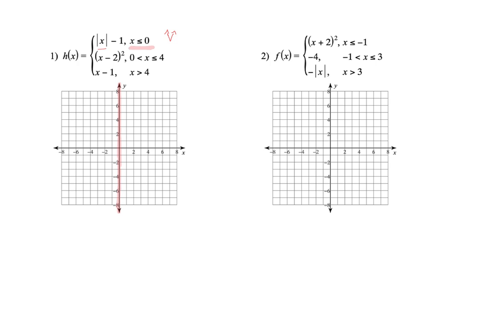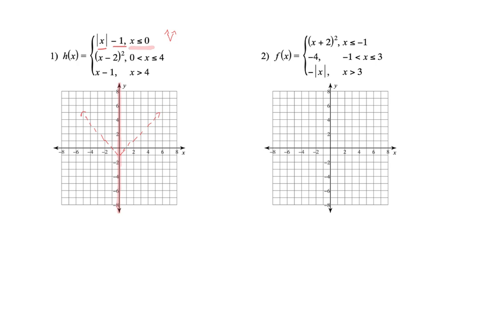And if I were to remember my movement, which we'll review again in this chapter, that absolute value graph is going to go down by 1 because I'm subtracting 1 there. And so if I were to just graph this absolute value function, which we have done movements with before, it would look like that. However, I'm only talking about the part that's less than 0.